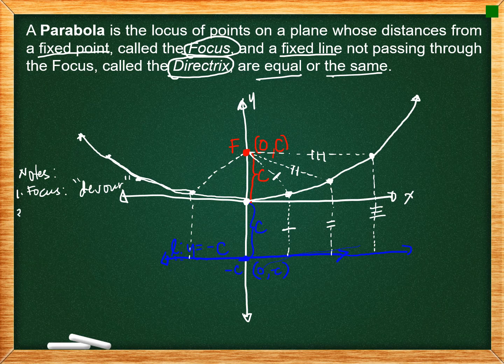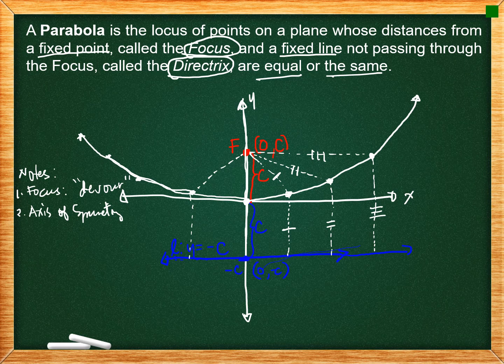Now let's move to the axis of symmetry. The axis of symmetry, the line of symmetry of our graph, is this one. This line will divide the graph into two equal parts.